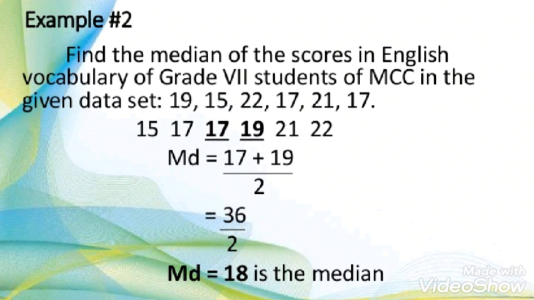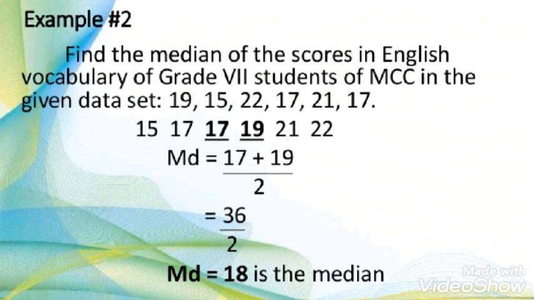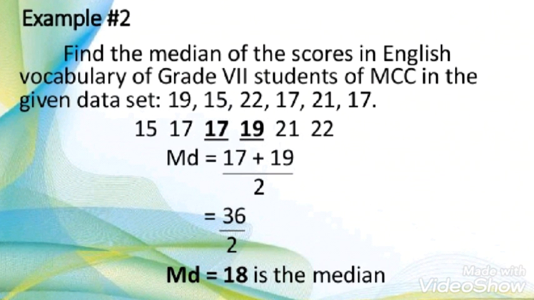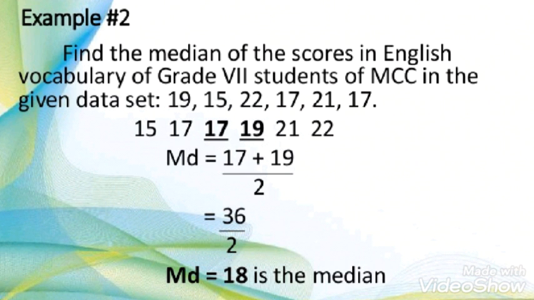In the previous question there were 9 scores out of 25, and in this second question there are 6 scores. In the previous question it was easy to find the middle number, but in the second question there are 6 numbers, so you cannot find a single middle number.